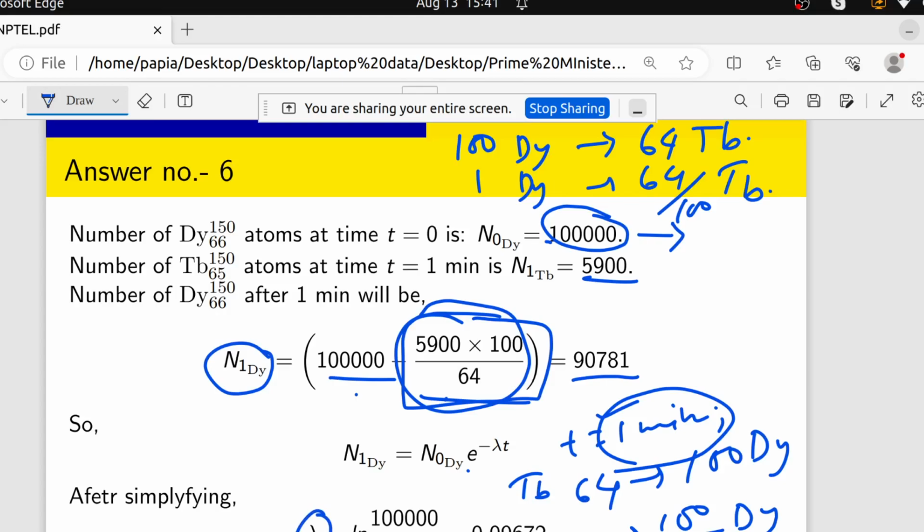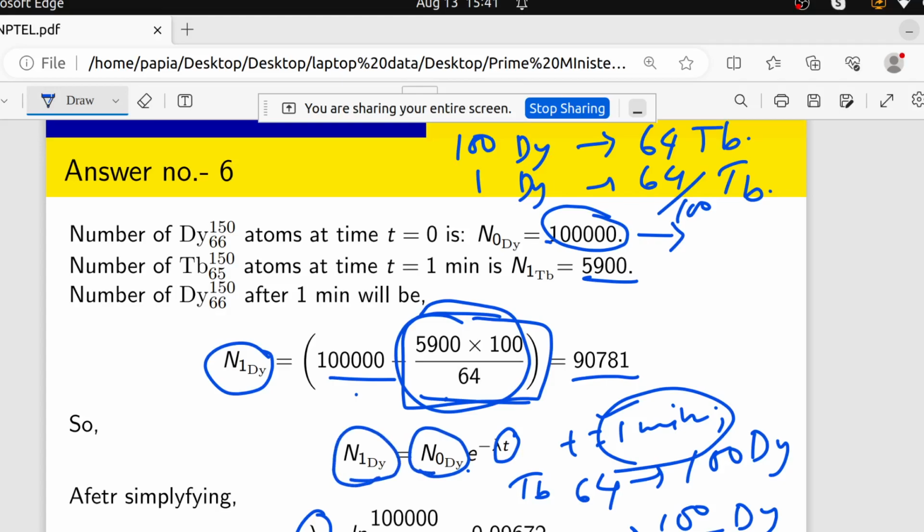If I put the lambda value here again, then we can have the value of t half, and t is already given here. So this one is e to the power minus lambda t, right? N0 Dy is 1 lakh and N1 Dy is 90781.